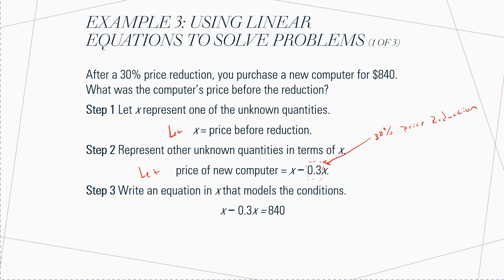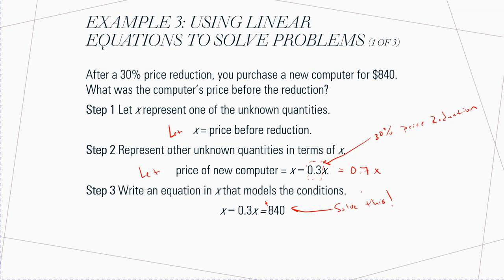And here's what we need to know. We want to solve this now. The price of the new computer, which is X minus 0.30X, is equal to this $840. So now we just need to solve this. You can also skip ahead and recognize that if there's a 30% price reduction, you paid 70% of the price.